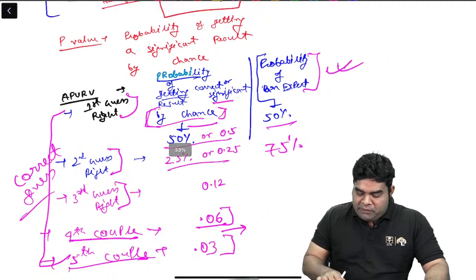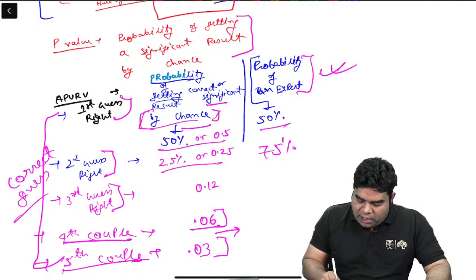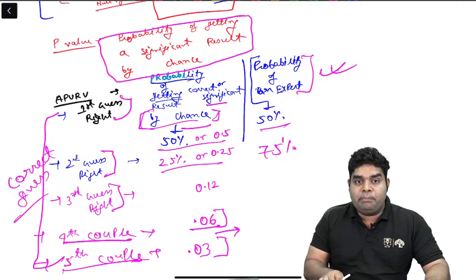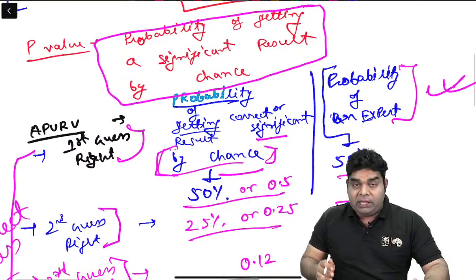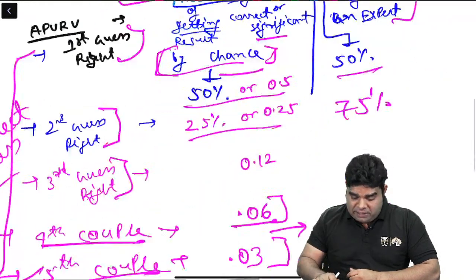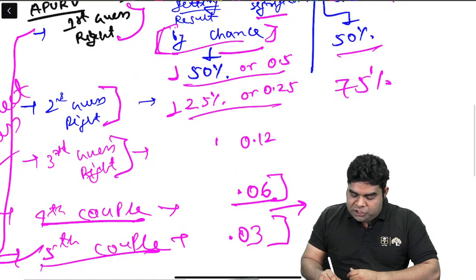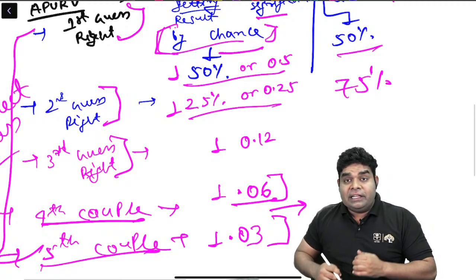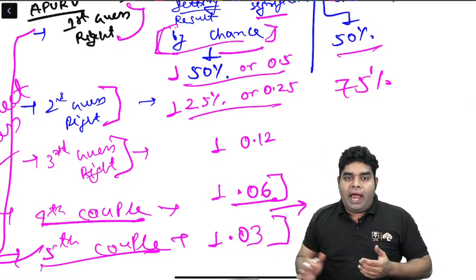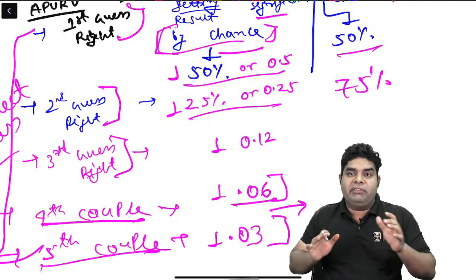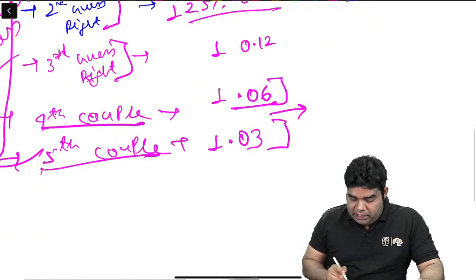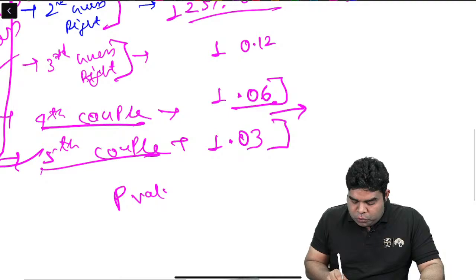Okay, so p-value tells us what is the chance of getting a significant result by chance. When the by-chance thing decreases, then we have better trust, and then we take that drug as significant. So that is why we want our p-value to be less than or equal to 0.05.